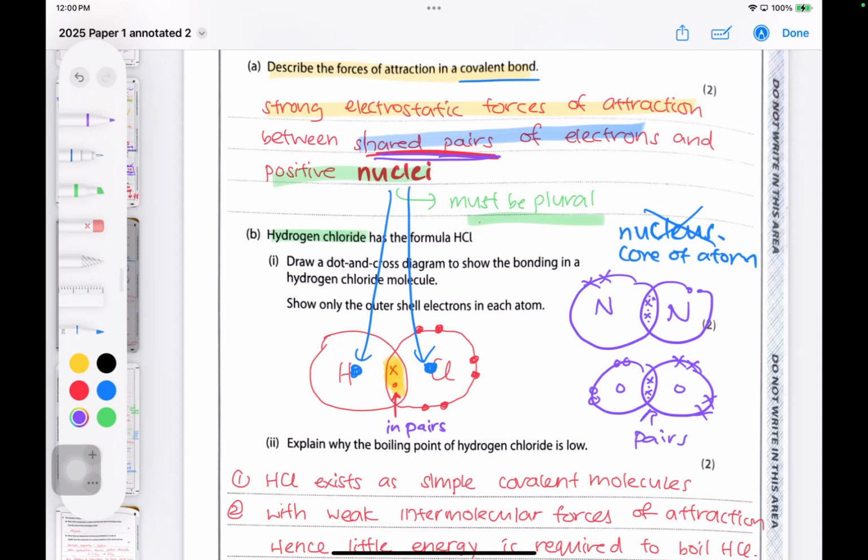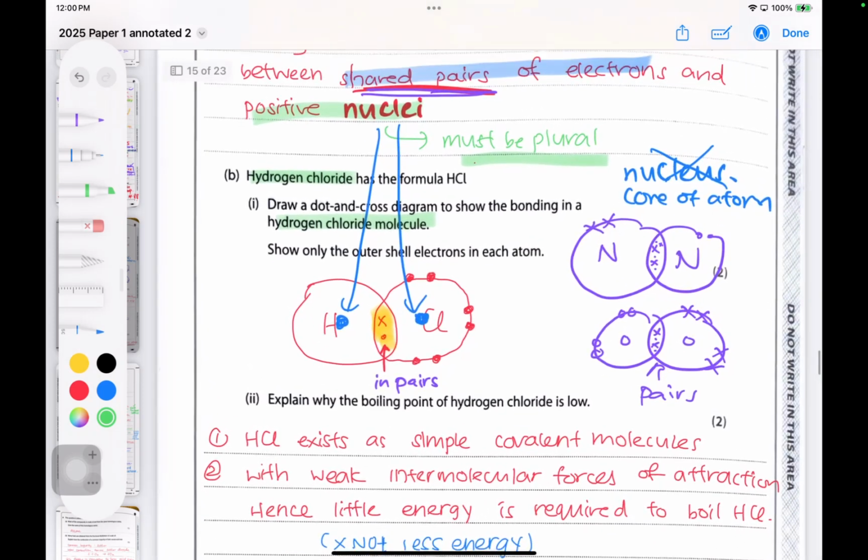Okay, next, we want to draw a dot and cross diagram of hydrogen chloride. Now, in order for you to draw, one thing you could do for yourself is to use the periodic table and ask yourself how many electrons are there in each of them. So hydrogen is very straightforward, it's only 1, so therefore you see the X is being shared in the middle. For chlorine, there are a total of 17 electrons, 2, 8, 7, but only the valence electrons are used for sharing.